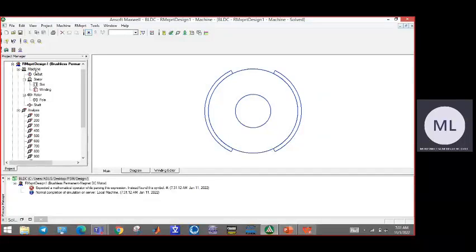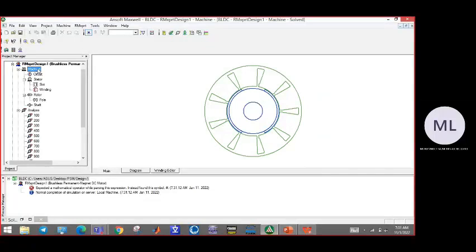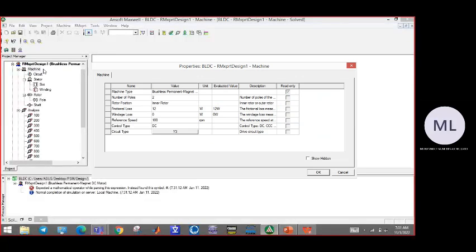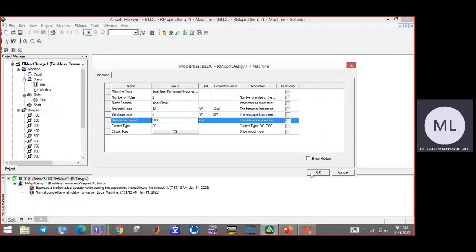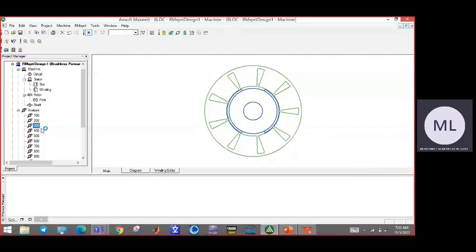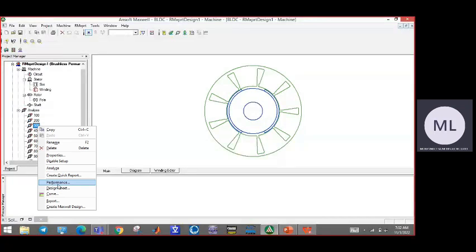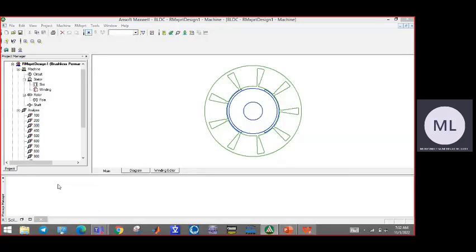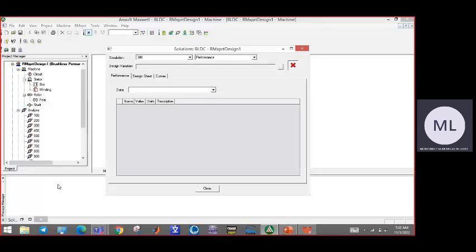For the second one, when the motor is starting at 300 RPM, the output power is 0.8 watt and the efficiency is 2.87%.